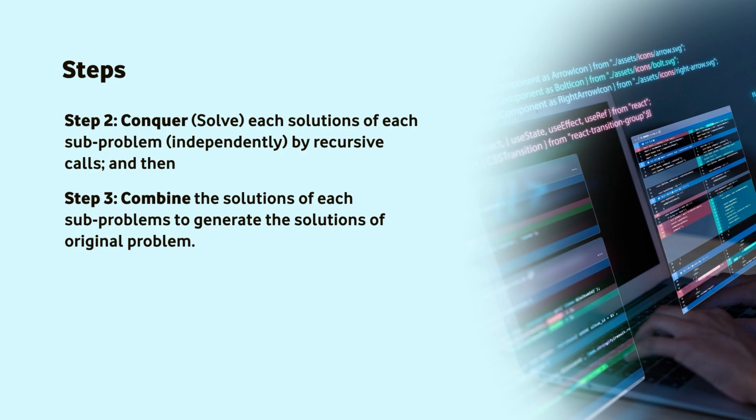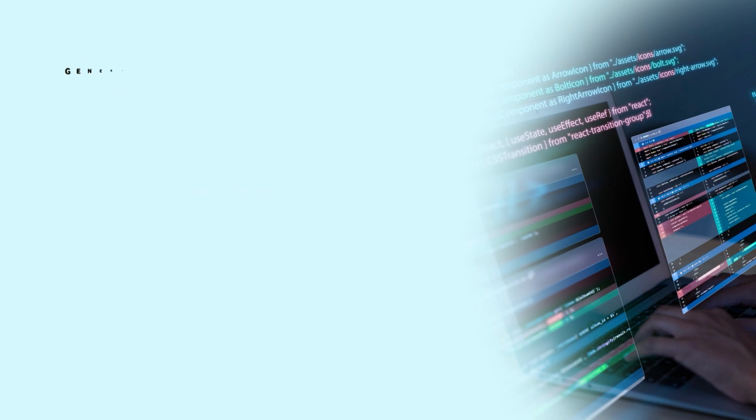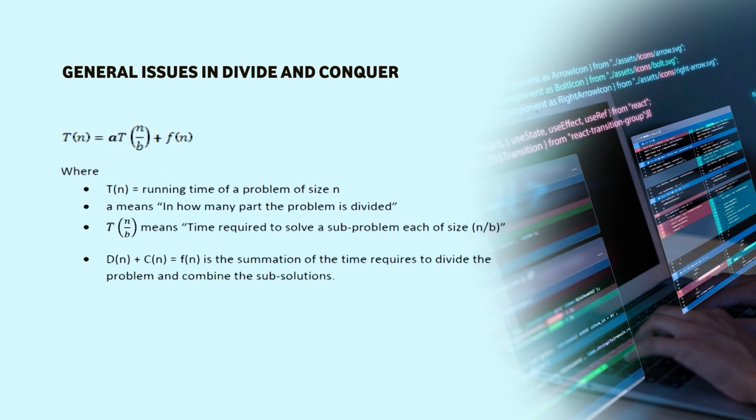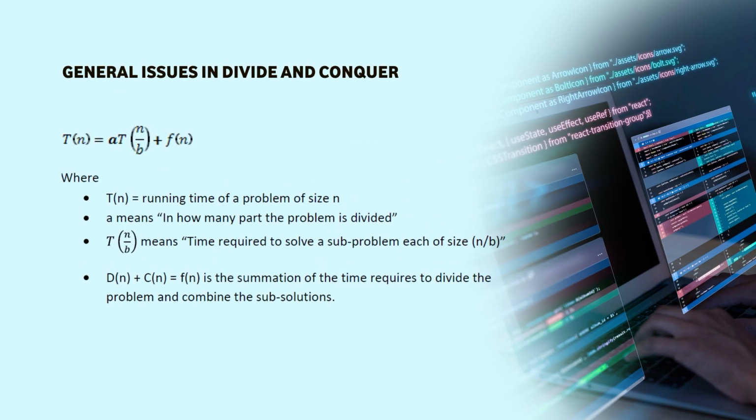Now, before going into the issues in divide and conquer technique, first take a look at the recurrence relation of divide and conquer technique. It is T(n) = aT(n/b) + f(n). T(n) is the running time of a problem of size n. a means in how many parts the problem is divided.